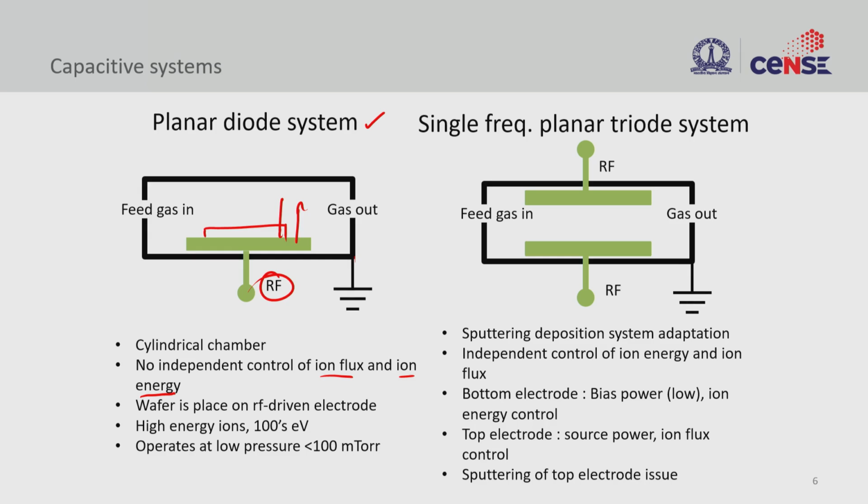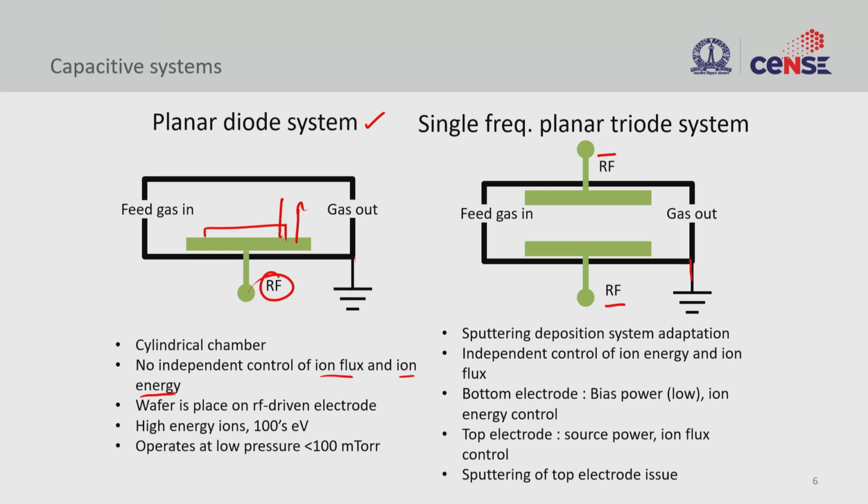So then people came up with a single frequency planar triode system, right? In this case you have two RF electrodes. We had this problem of controlling the energy, so in this case people used two electrodes which have RF, but the interesting thing is both the frequencies are the same, okay, and the third electrode is the ground electrode from the chamber.